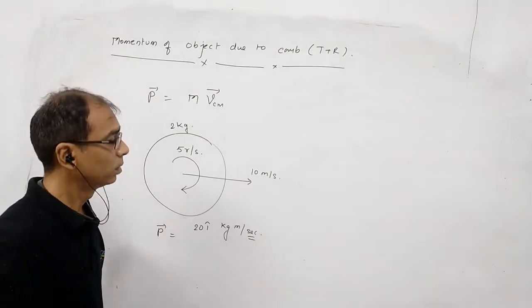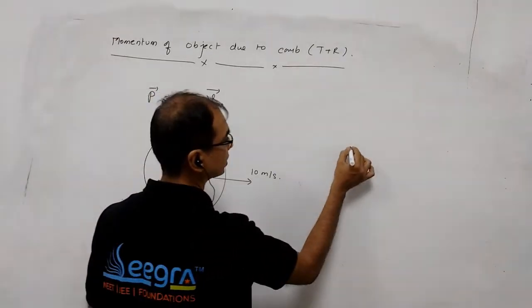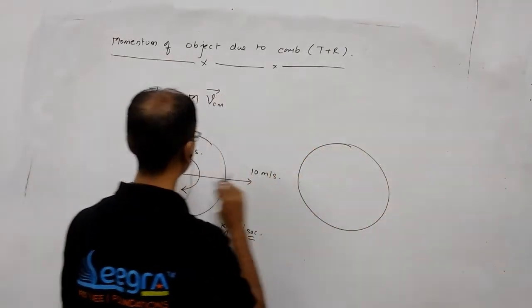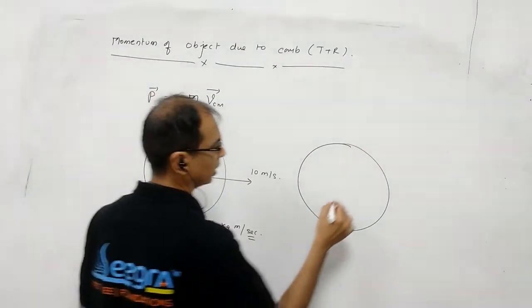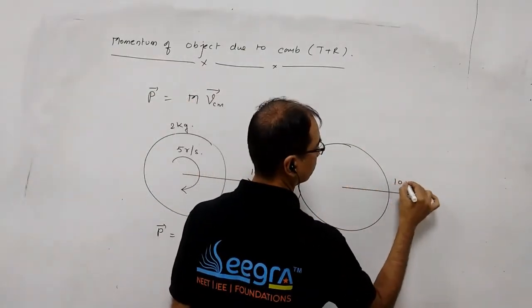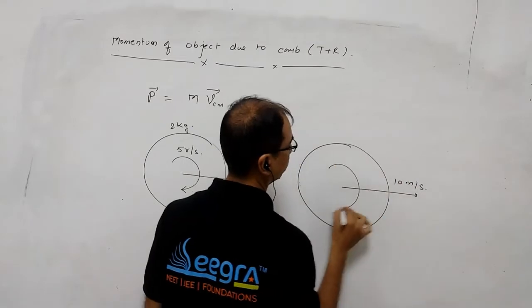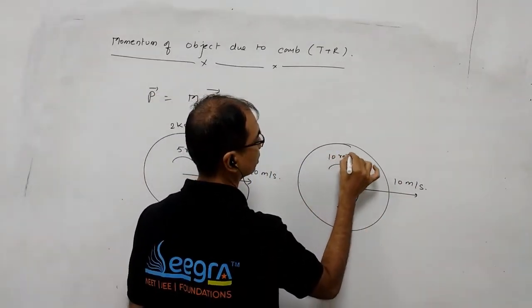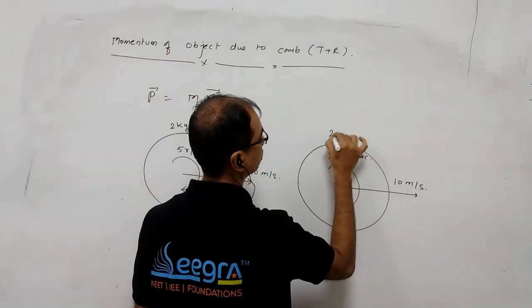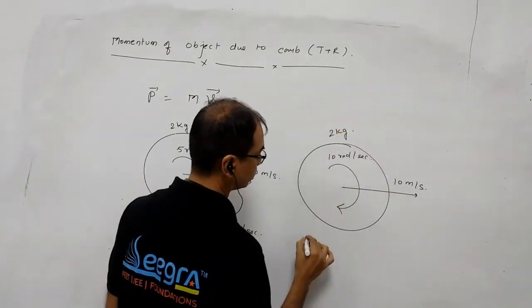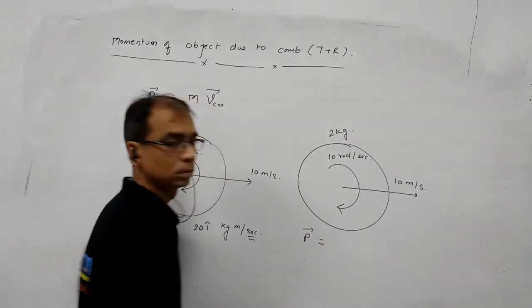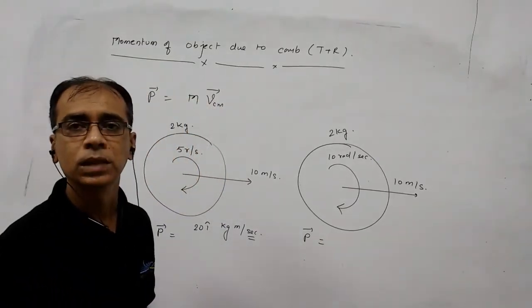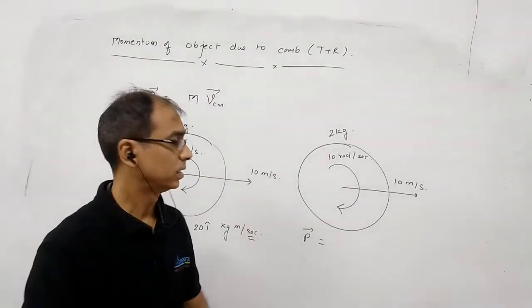But suppose something like this is happening, the same body. Now we are moving it like this, and here this is 10 radian per second. Same 2 kg. Now what is the momentum? I would say, what is the velocity of center of mass? 10.